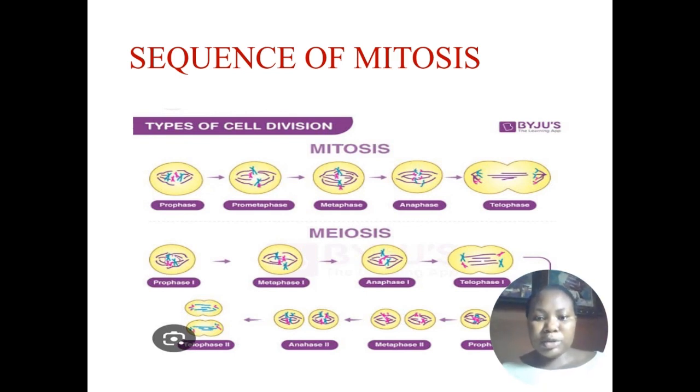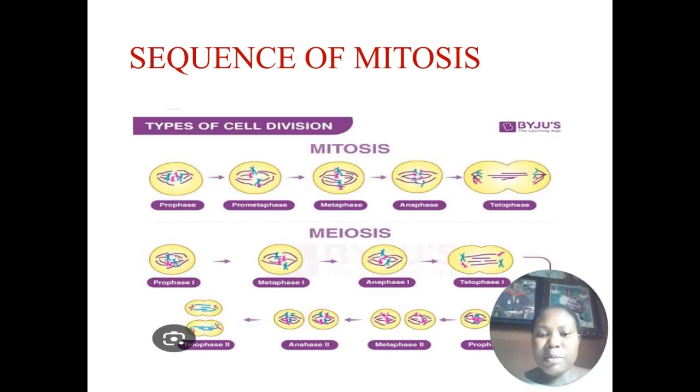Talking about the sequence of mitosis, we all know that mitosis is the process by which a cell replicates its chromosomes and then segregates them. It is the process of cell duplication, in which one cell divides into two genetically identical daughter cells.